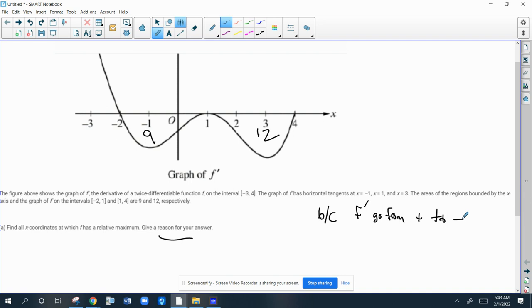So you want to use: because f prime goes from positive to negative. We're given the graph of f prime, so you have to figure out where it goes from above the x-axis to below. And that's exactly at x equals -2. So there's my answer, there's my reason, we're done.